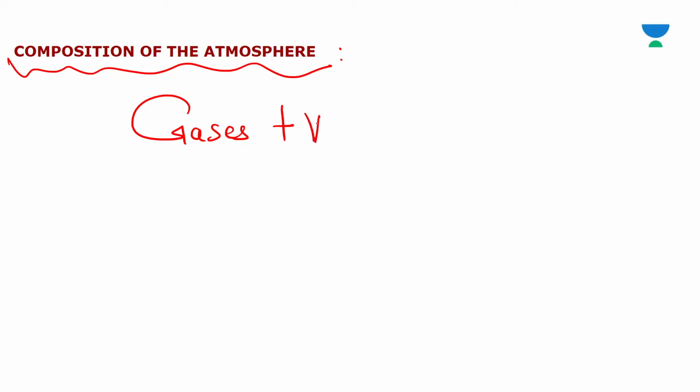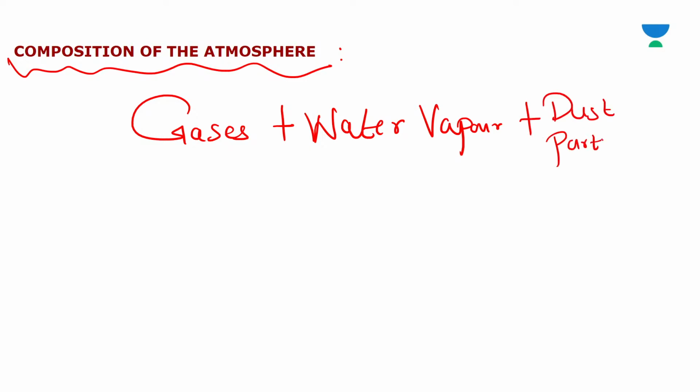Now let's start with the composition of the atmosphere. Dear friends, let's discuss the composition of the atmosphere. The atmosphere is composed of gases, water vapor, and dust particles.